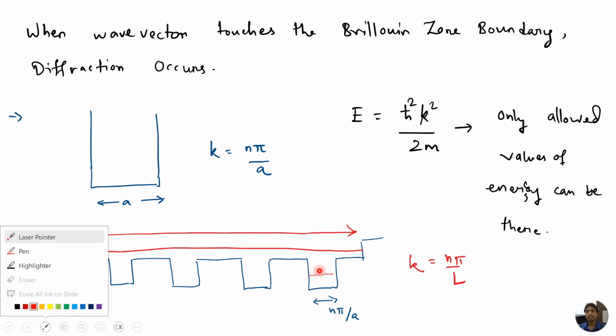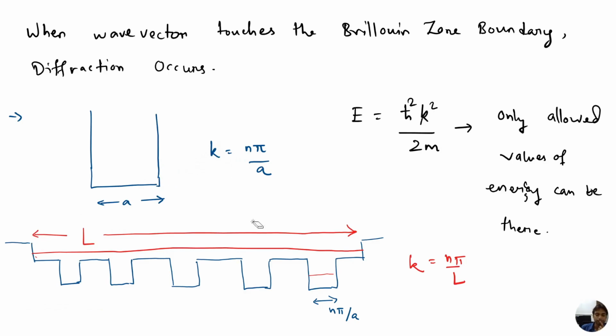Okay, and corresponding to that there will be certain K values or the allowed wavelength. So K is nothing but n pi over A. So K is n pi by A, for A is this distance. Now we have also talked that this A is of the order of 1 nanometer and L is of the order of 1 meter.